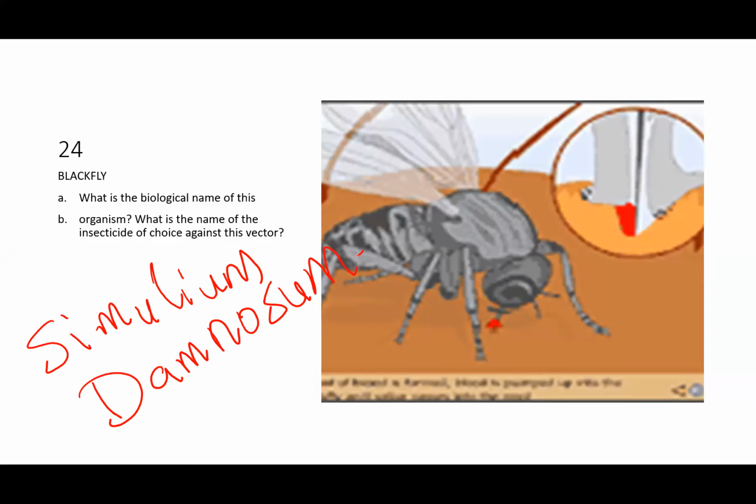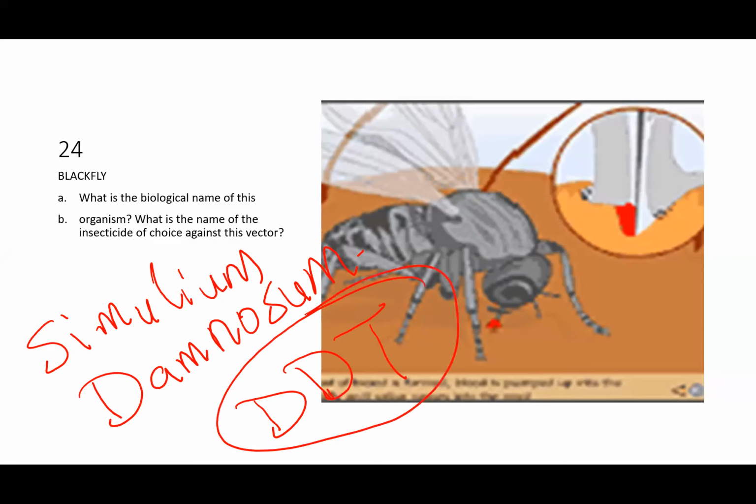What is the name of the insecticide of choice for this black fly? You call it DDT. Dichloro, diphenyl, trichloroethane. DDT.